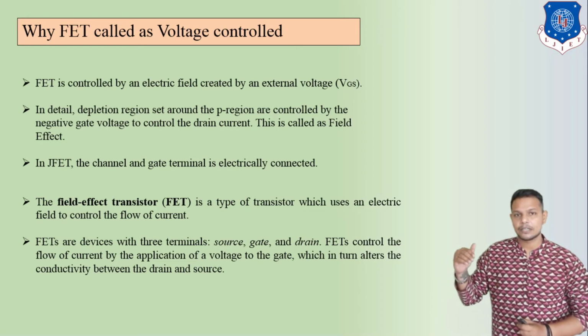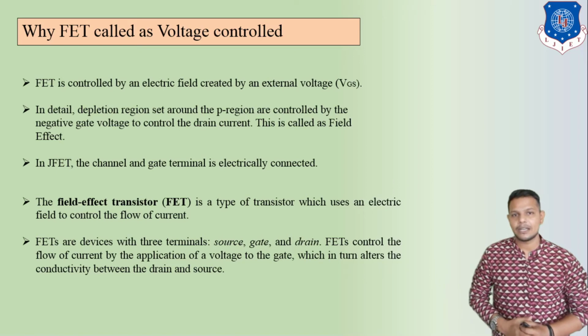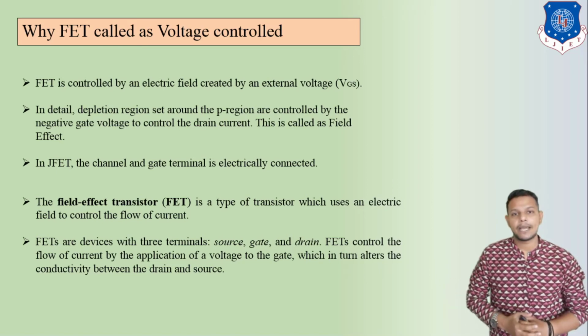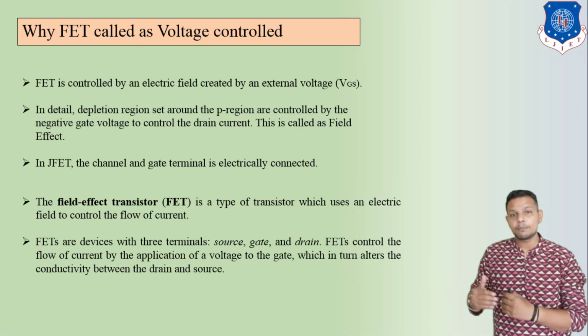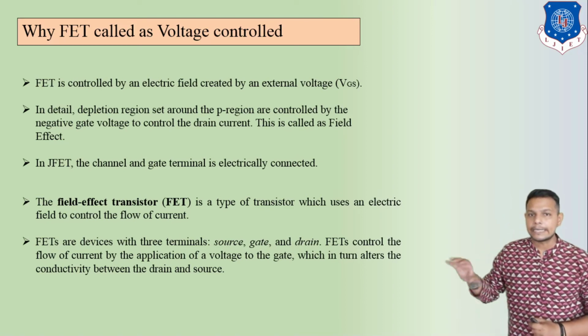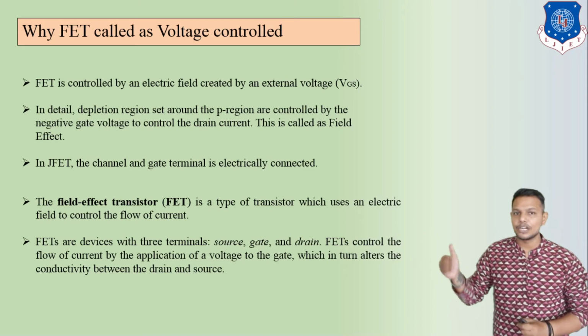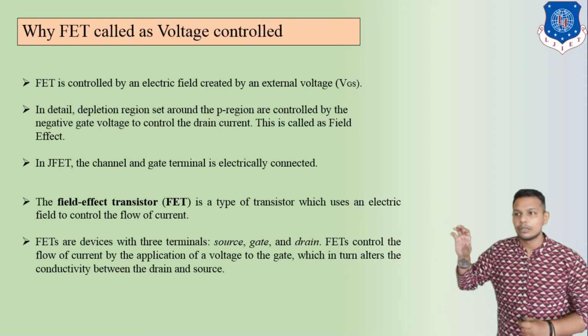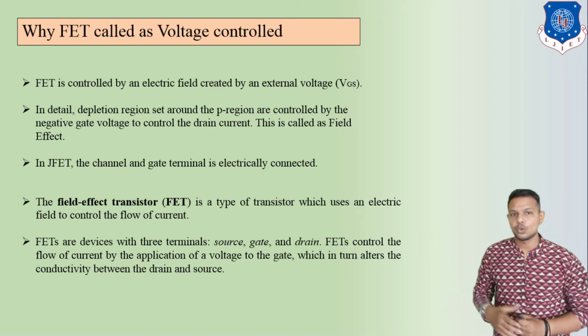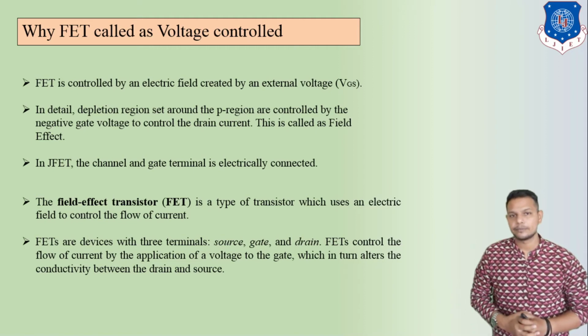That means the gate to source voltage is our external voltage supply, or we can say our input voltage supply. In detail, depletion regions set around the P region are controlled by the negative gate voltage to control the drain current.